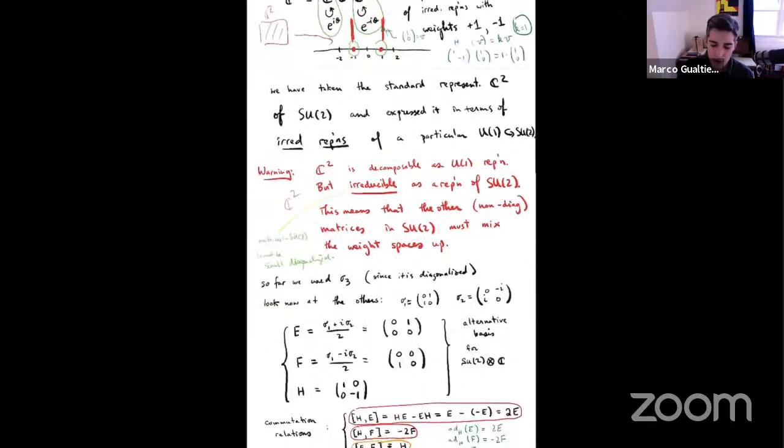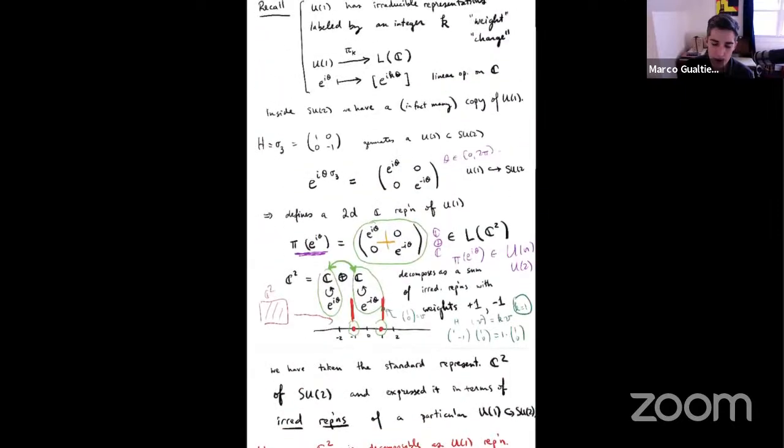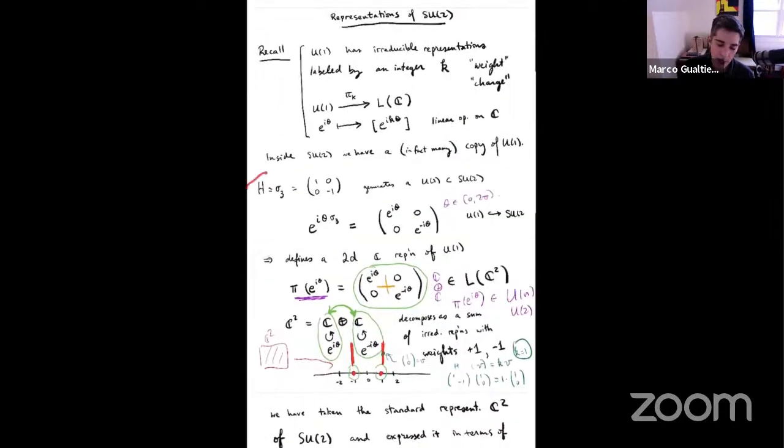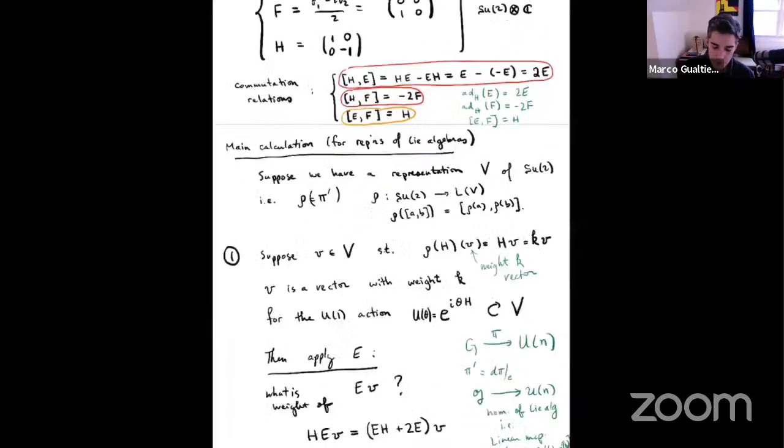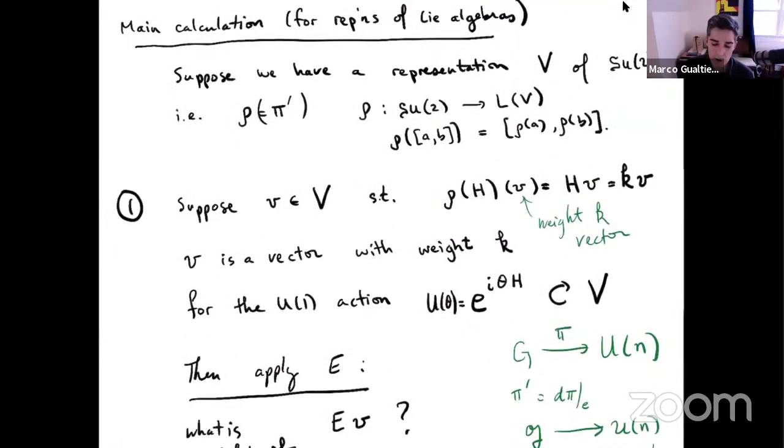So whatever the representation is, the question is, where does H get sent? This could be any vector space, it could be a high dimensional vector space.